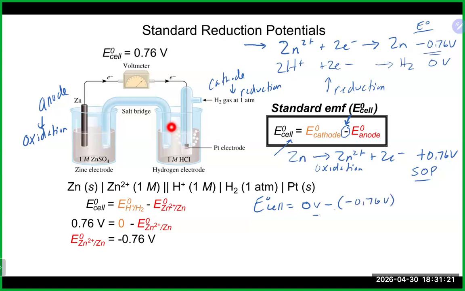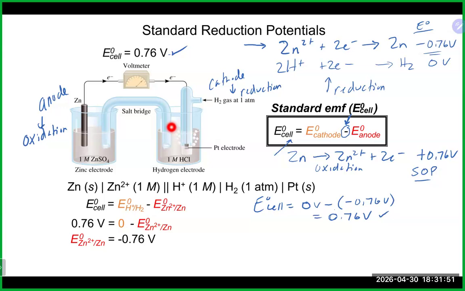Minus and a minus gives me 0.76 volts, which is the cell potential that we have when we measure it. So even though technically speaking, the anode one should be reversed, if you use this equation with the minus and the subtraction, you should not change the anode one because it will do it for you. So you don't have to think about it. It will just change the sign for you without remembering it.